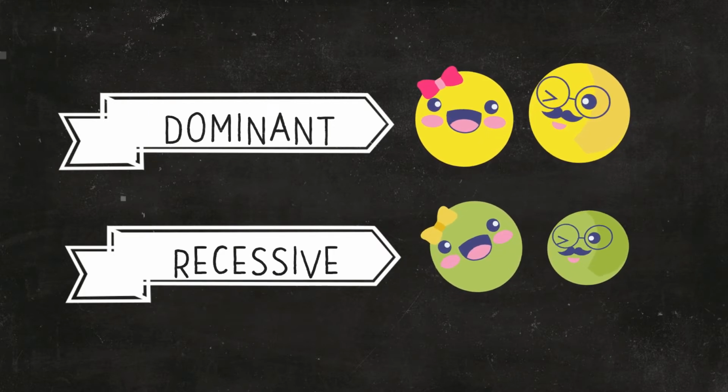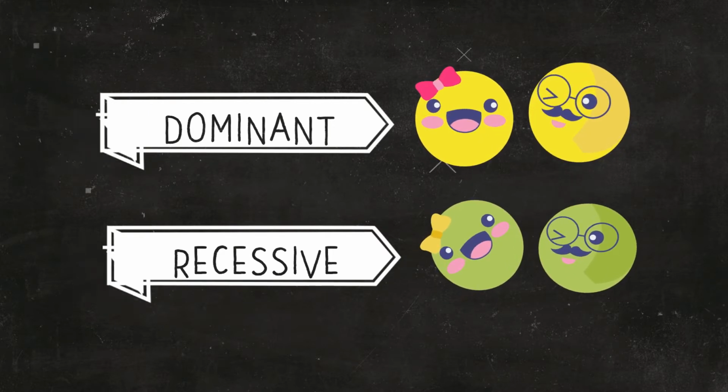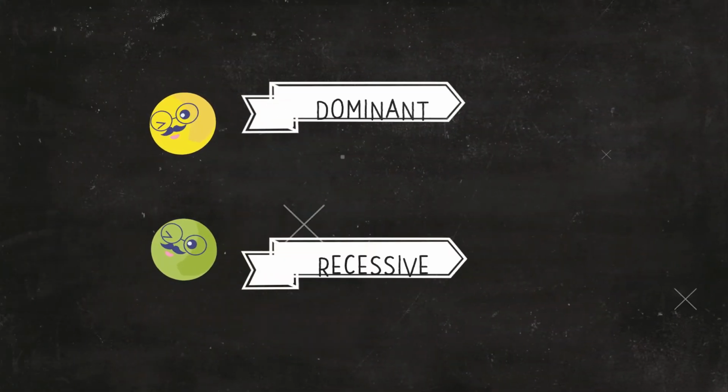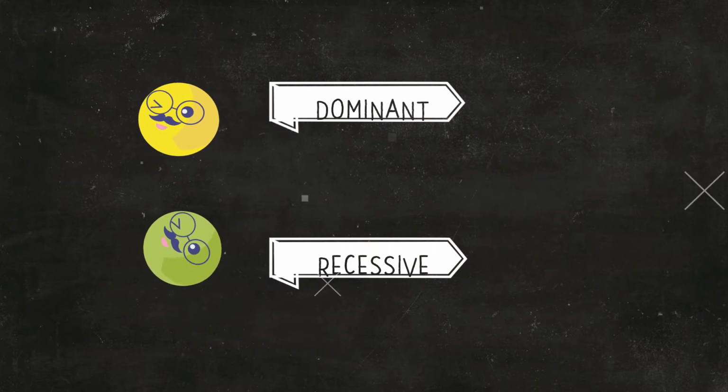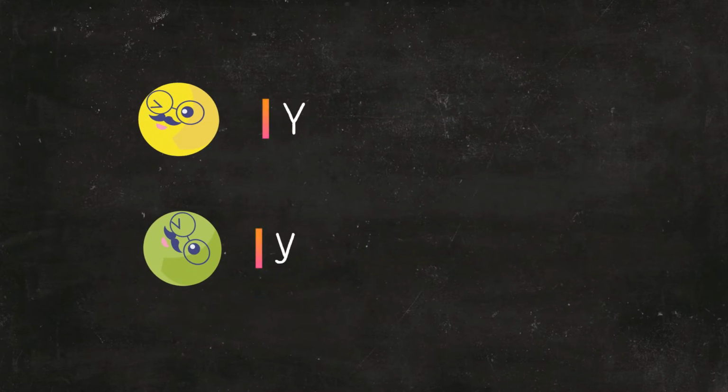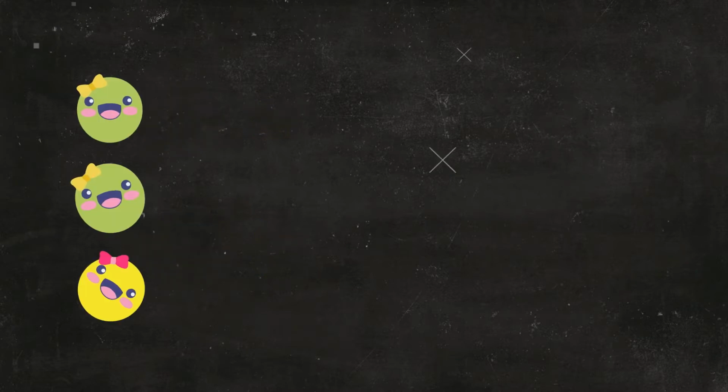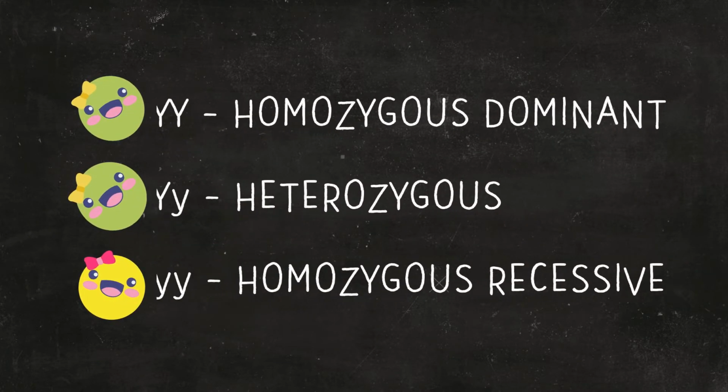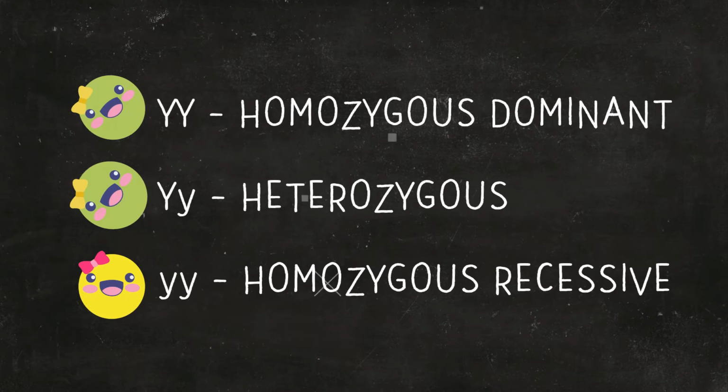In this population of pea plants, the yellow seed color is the dominant phenotype while the green seed color is the recessive phenotype. We can say that the color is determined by the alleles big Y and small y. The possible genotypes in this population would be big Y big Y, which indicates homozygous dominant, big Y small y, which indicates the heterozygous, and small y small y, which is the homozygous recessive.